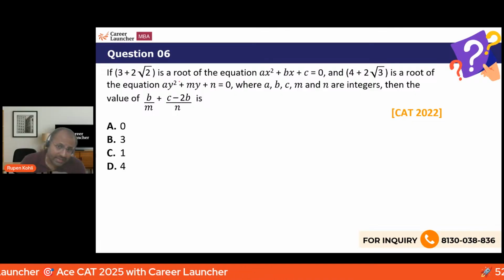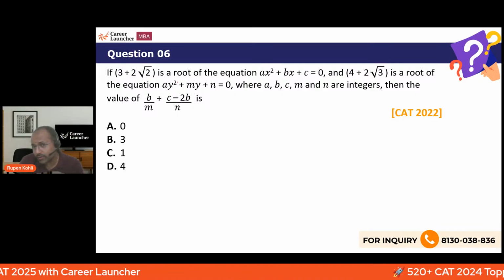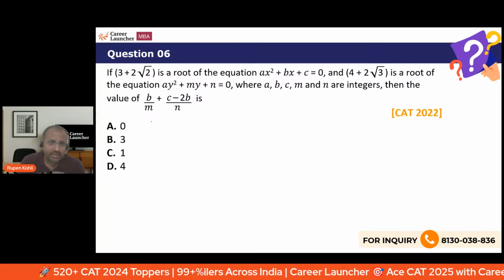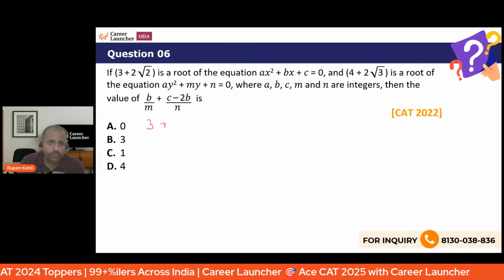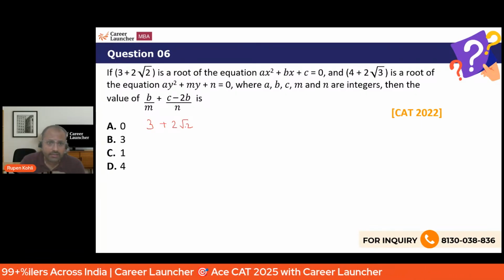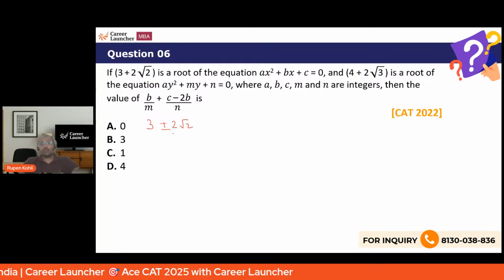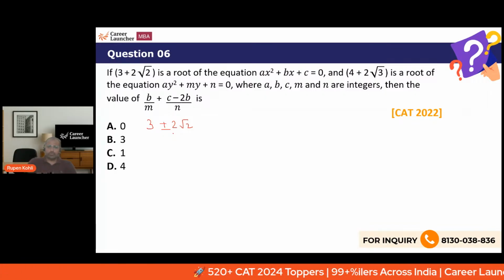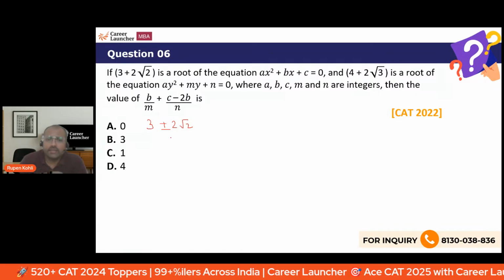If your roots are irrational and your coefficients are all integers, it can only be possible if the roots are conjugate pairs, which means that if 3 plus 2 root 2 is a root, then 3 minus 2 root 2 should be the other root. So that quadratic which we are talking of, ax square plus bx plus c, should have its roots as 3 plus minus 2 root 2. Now, you need to identify that quadratic, right?